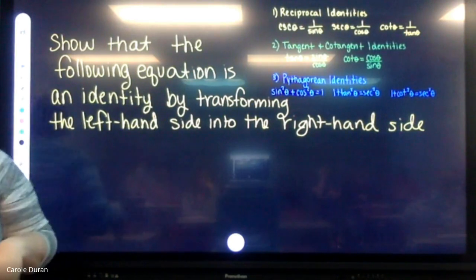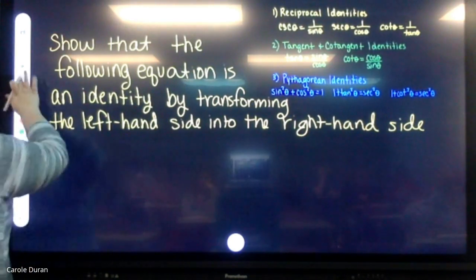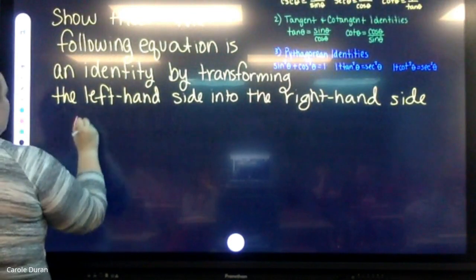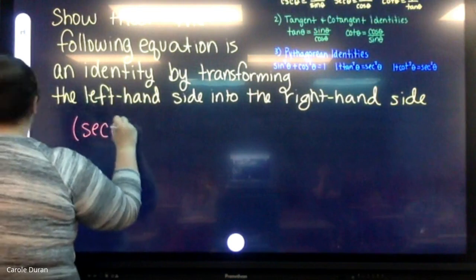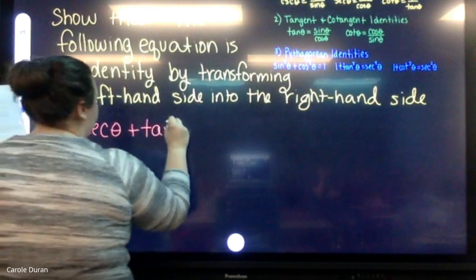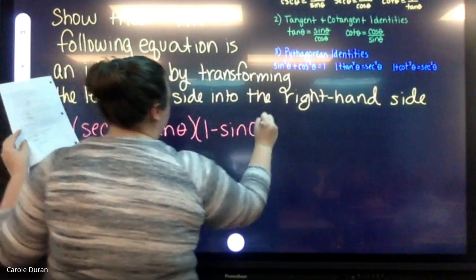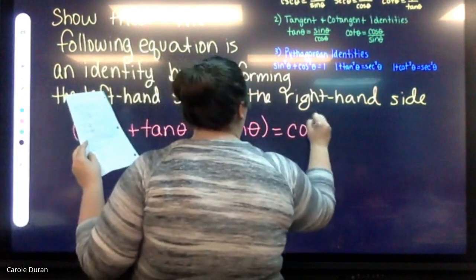So the identity I'm going to be working with is secant theta plus tangent theta times 1 minus sine of theta equals cosine of theta.